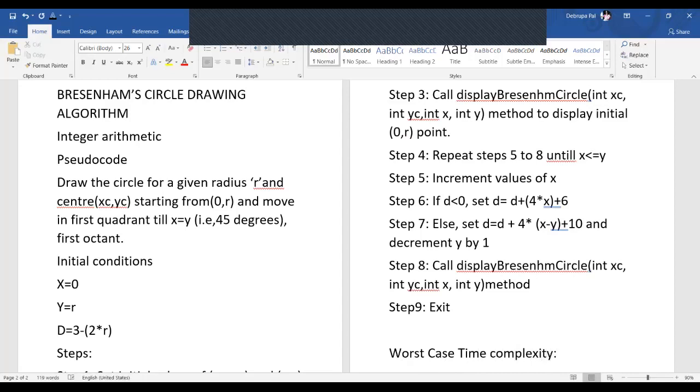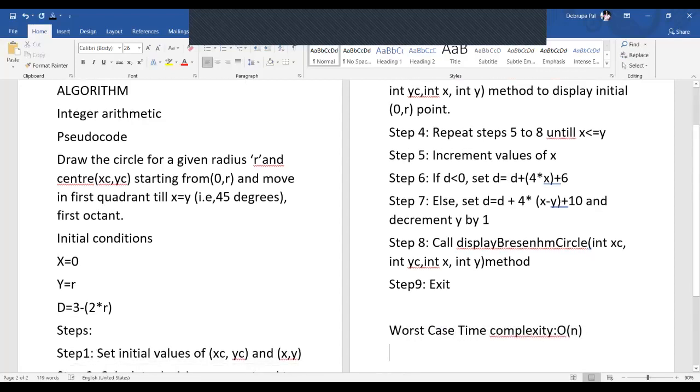It is order of n. In average case time complexity is again order of n and best case time complexity is again order of n. That means this is the worst case time complexity.